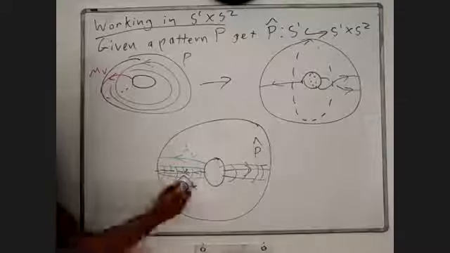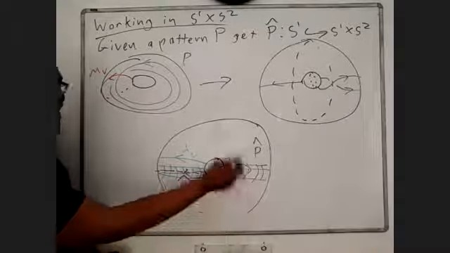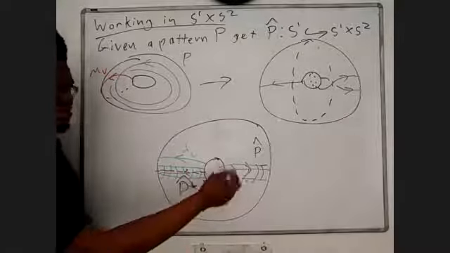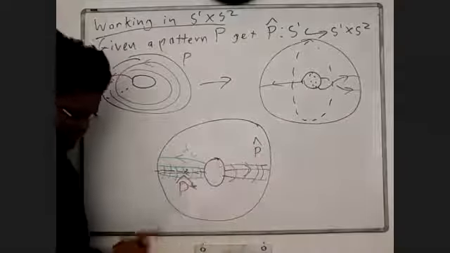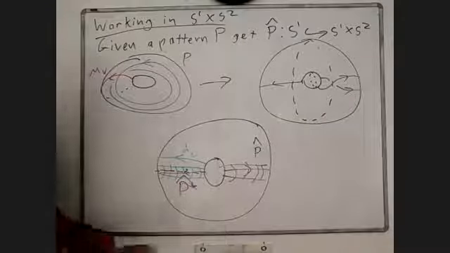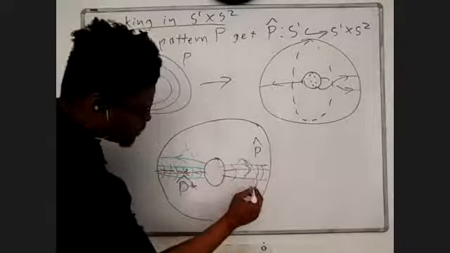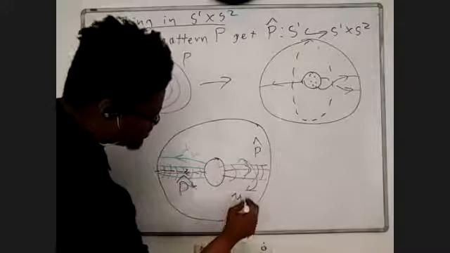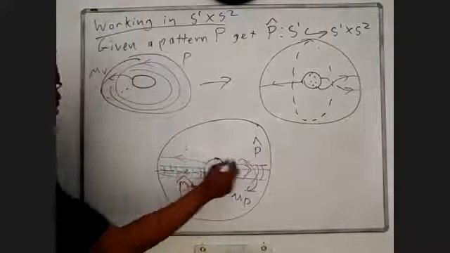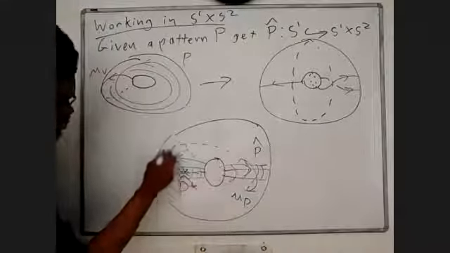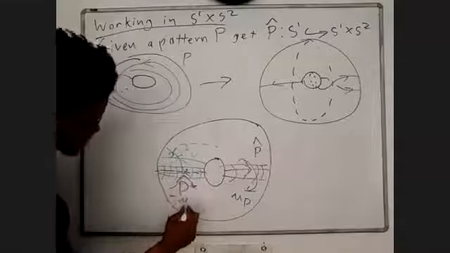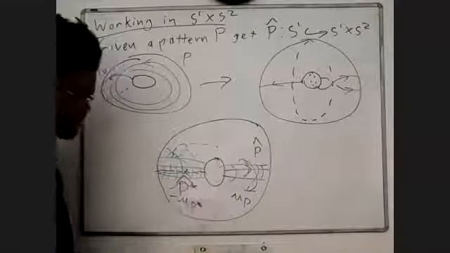And the meridian of this line here is just going to be the negative of whatever we have for the meridian here, right? So let me draw in the meridian. This is mu p. You can isotope it over here. And this is going to be minus mu p star, right?